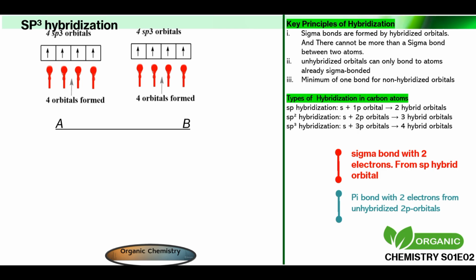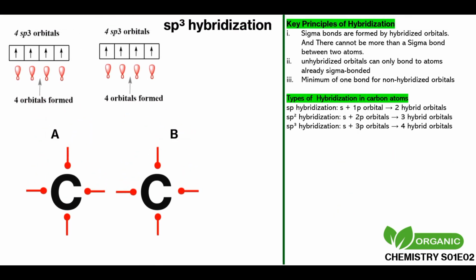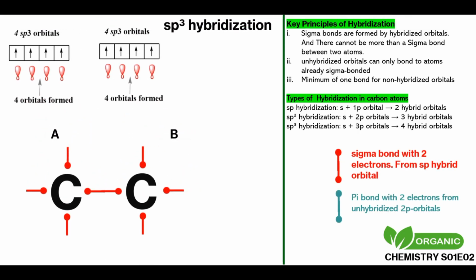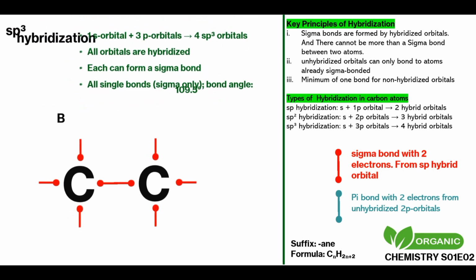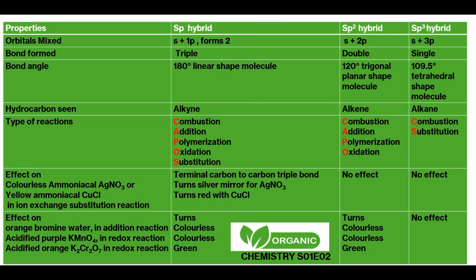We have 2px, 2py, 2pz, all are used for bonding. No unhybridized orbitals. So I am using all red for this. Remember that we cannot have more than one sigma bond between two atoms.